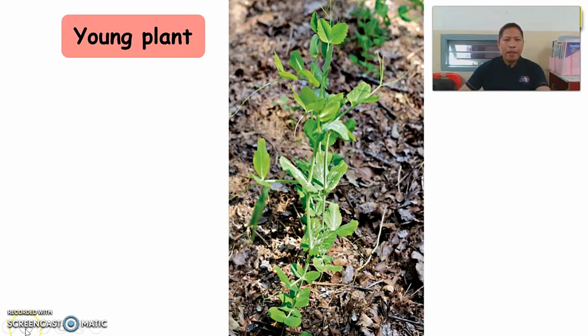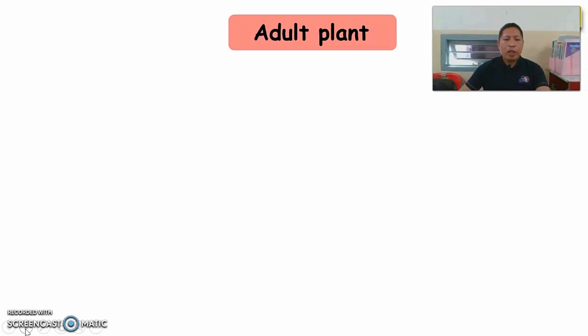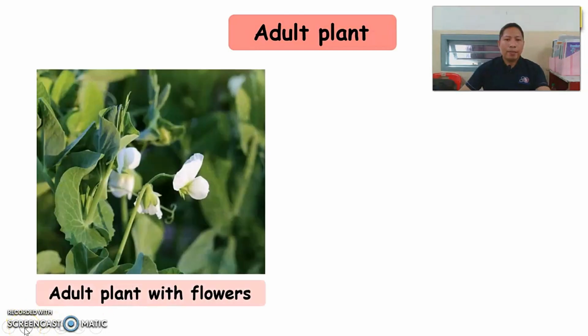After the young plant, it will become an adult plant. What is the stage? Okay, this adult plant produces a flower.